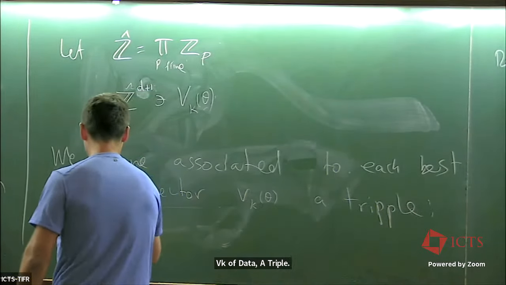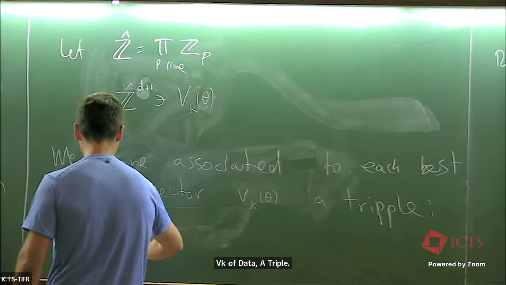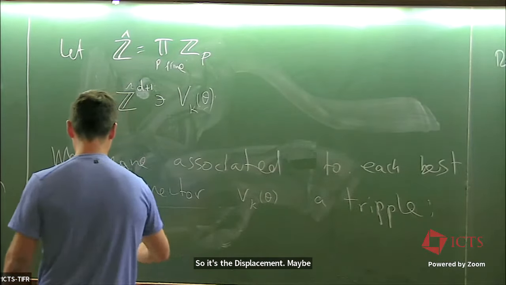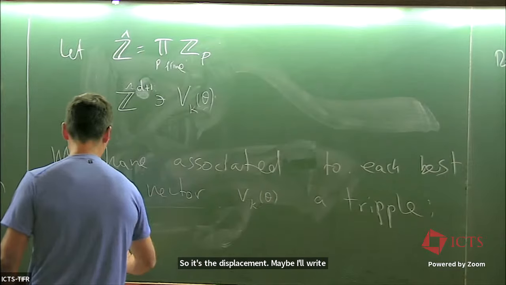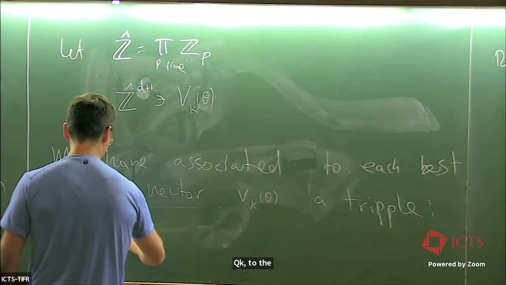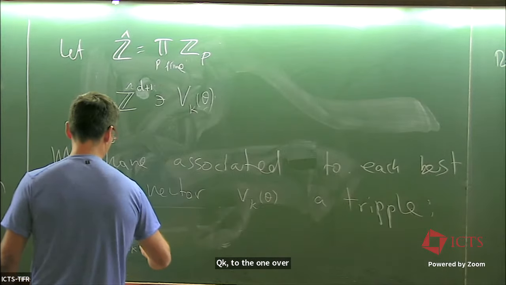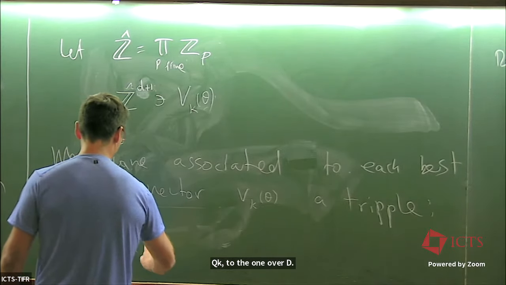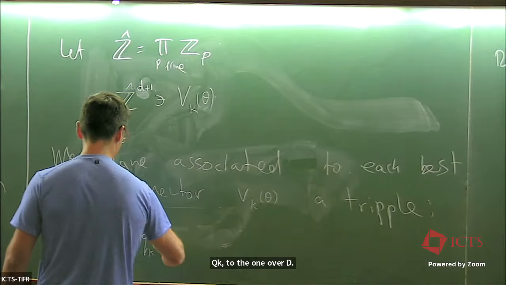So it's the displacement, maybe I'll write it: Qk to the 1 over d times (Pk minus Qk theta), that's the displacement.